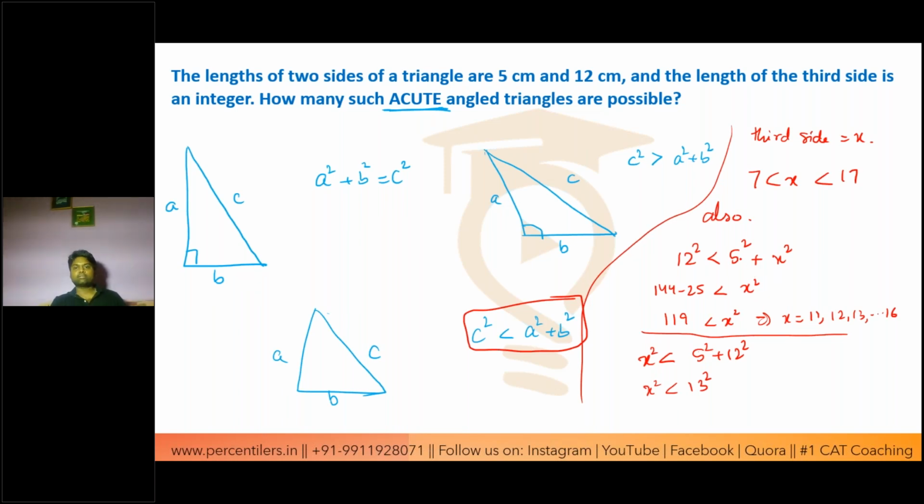So first I took 5 square and x square and 12 square I took on the other side. यहाँ से पता चला कि x square जो है वो 119 से बड़ा होना चाहिए, यानी कि 11 onwards all the values were okay. But also I can take x square on this side and the other two on the other side. This tells me that x square should be less than 13 square. This implies that x is less than 13.